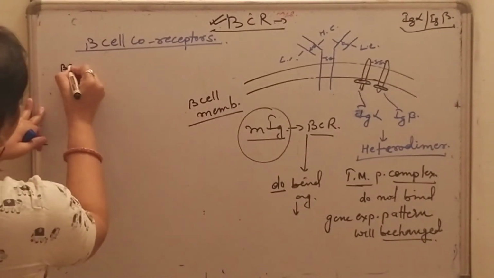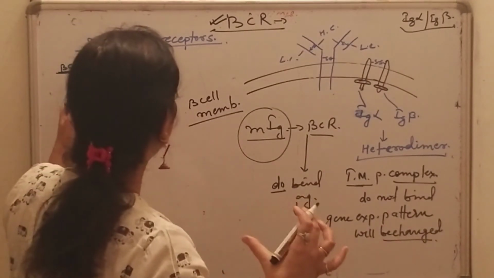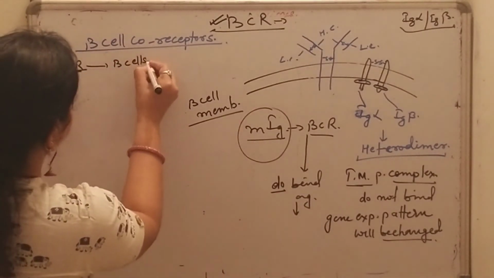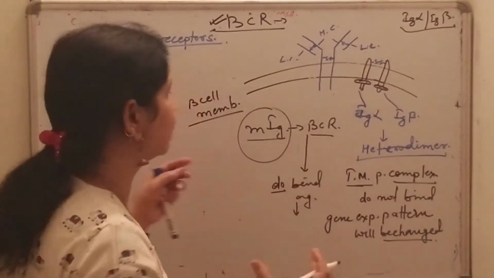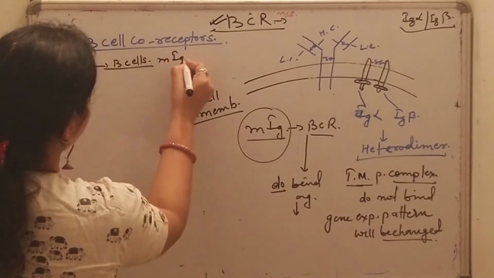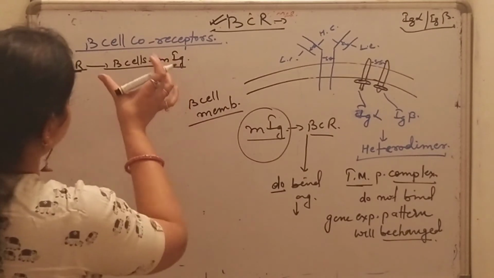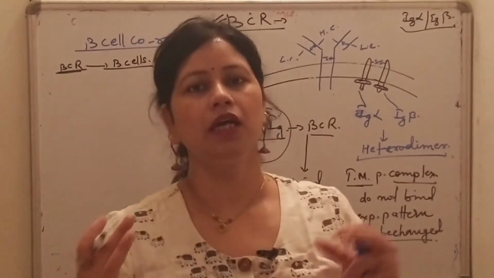This BCR allows the B cells to bind to the specific antigen, because this B cell has the receptor membrane immunoglobulin, and it allows the B cells to bind to a specific antigen against which it can initiate the immune response.